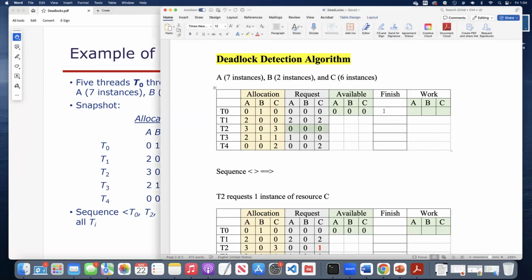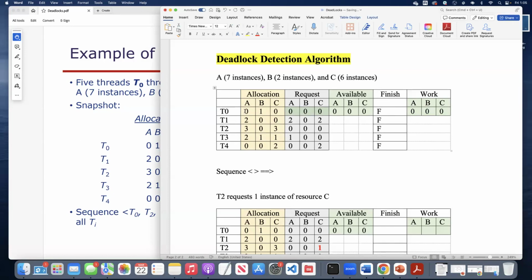So first step, we initialize work and finish vectors. Work is equal to available, 0, 0, 0. Finish, all the threads are not finished, so false. So we start from thread 0. Thread 0's request is less than or equal to work, so T0 doesn't request any resources.